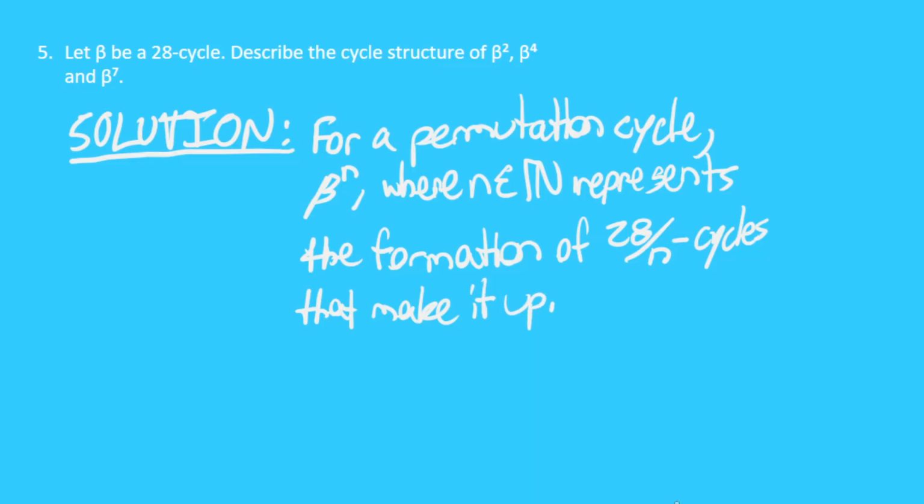Okay, let's write it like this, because we need to let our permutation cycle be beta. And then we're looking at beta raised to the n and seeing how many cycles make it up.